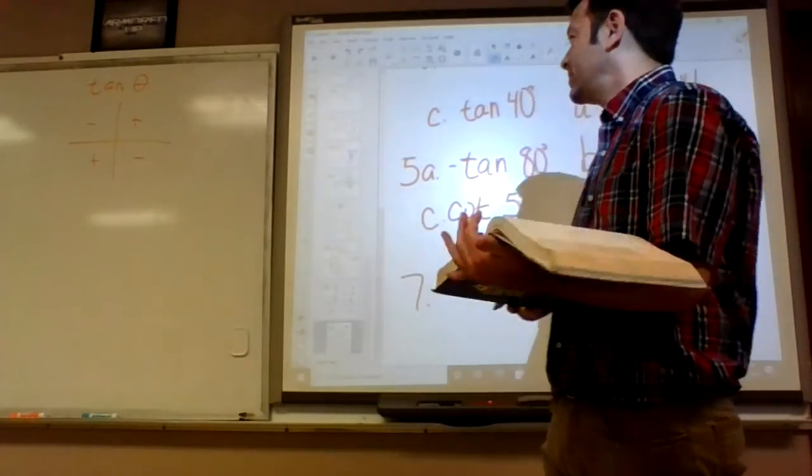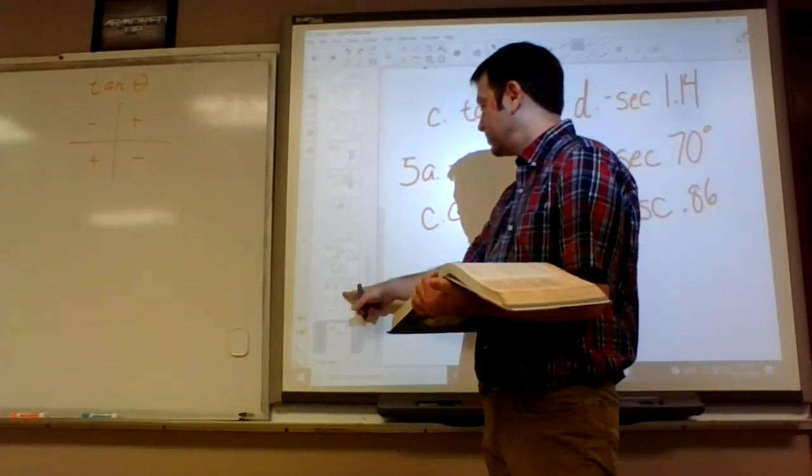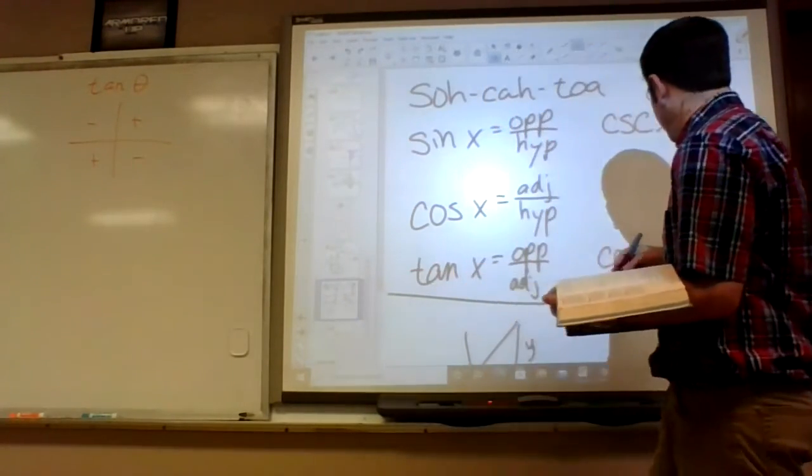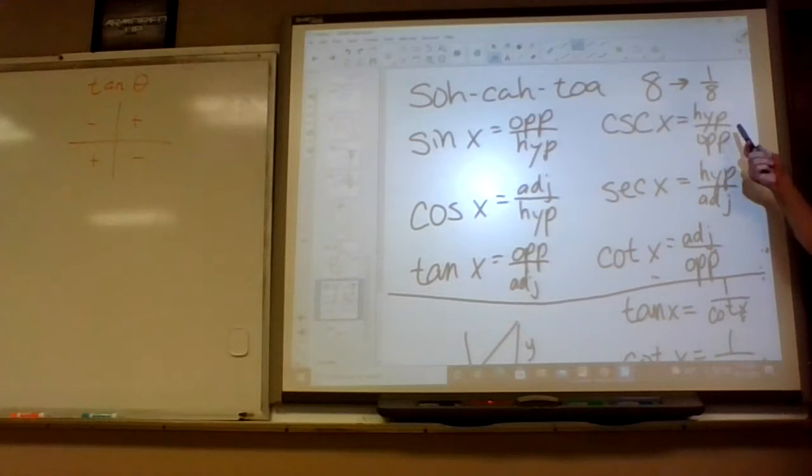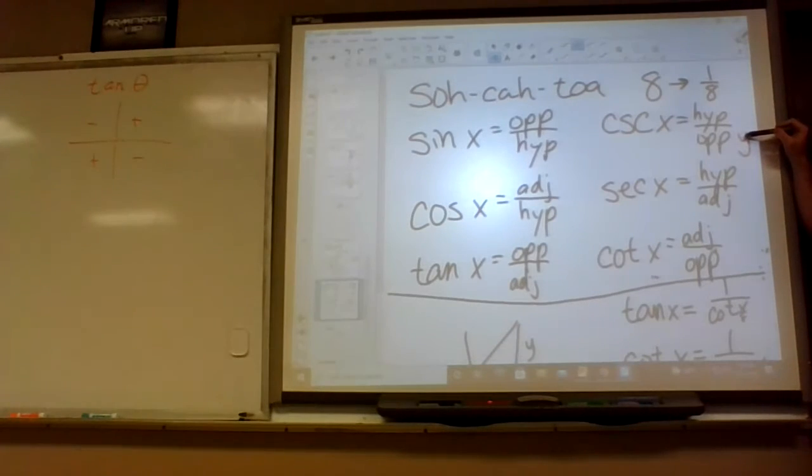So cosecant, maybe back to the original table, is hypotenuse over opposite. Opposite is kind of like the y value. And if the y value is 0, dividing by 0 makes it illegal. It's nonsense. So where on the unit circle does y equal 0? 90 or 270?